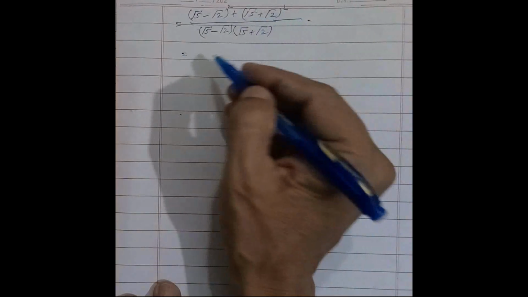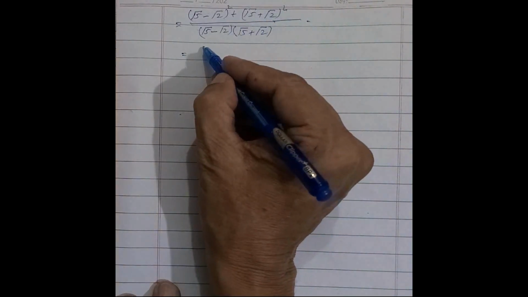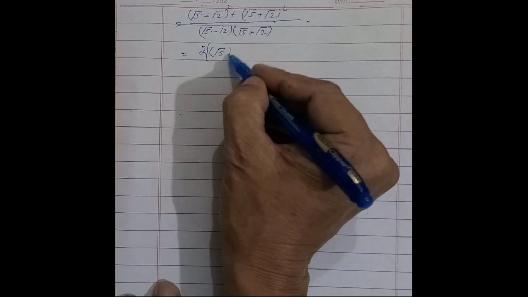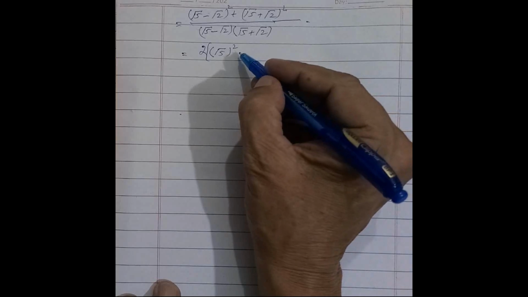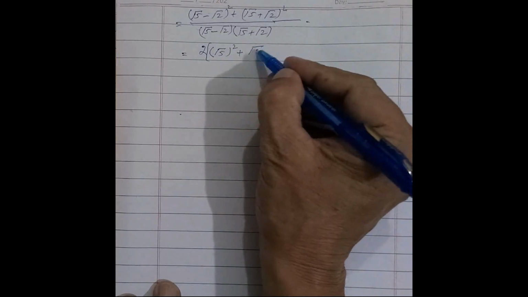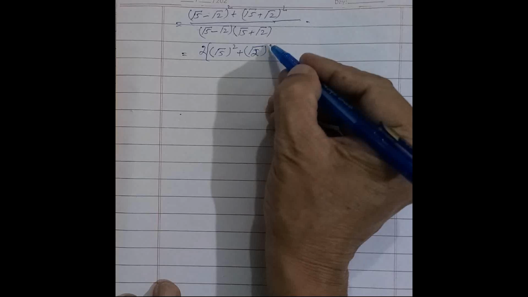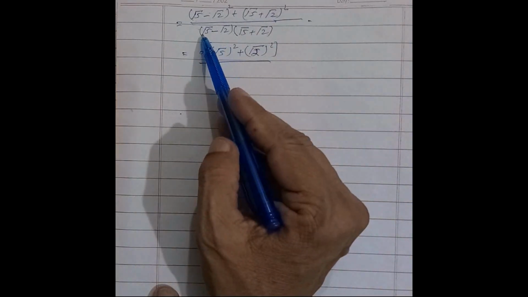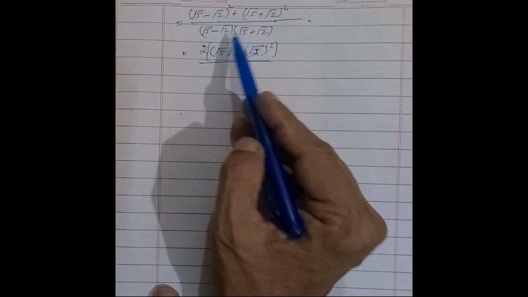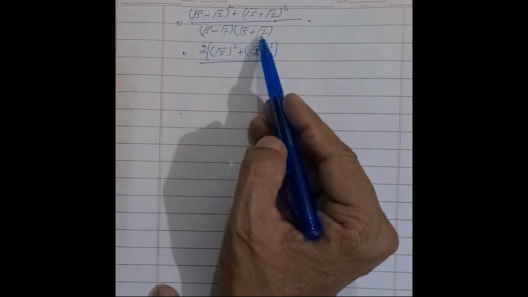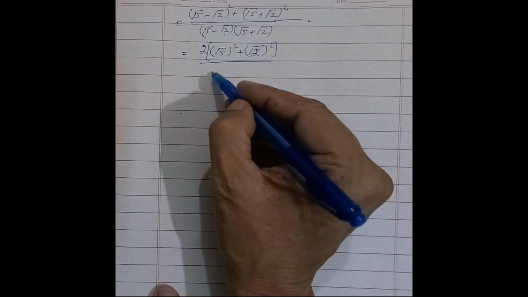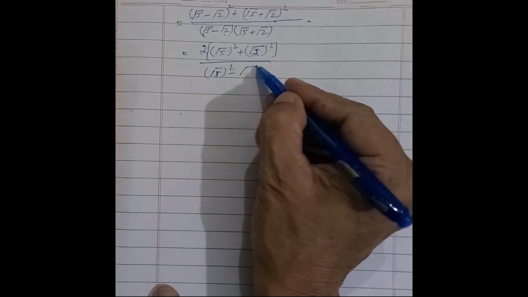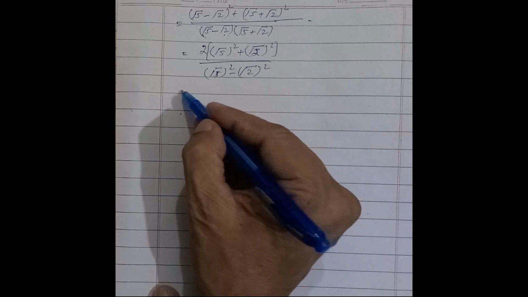So we apply the direct formula, which is 2 into square root 5 whole square plus square root 2 whole square over, the denominator is a plus b into a minus b, whose answer is a square minus b square, which is square root 5 whole square minus square root 2 whole square.